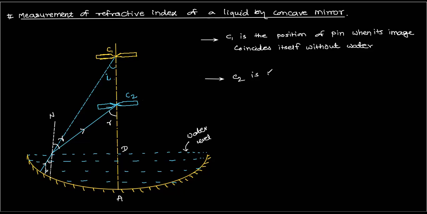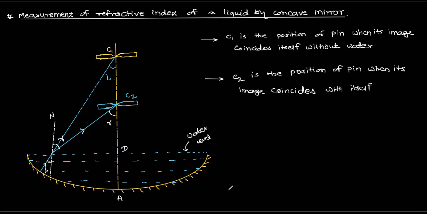C2 is the position of pin when its image coincides with itself, you know, with water.